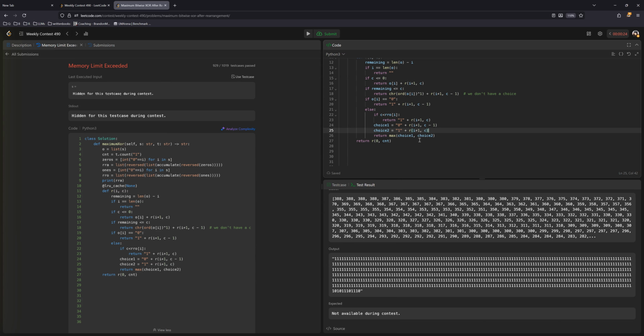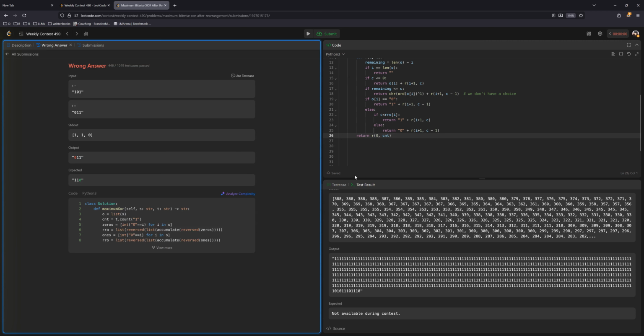If C is less than R0, oh well. So sad when that happens.